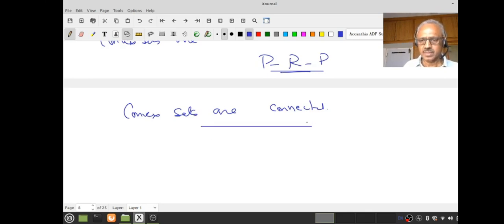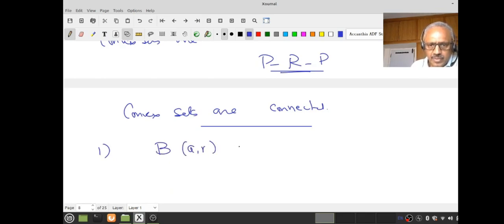Right, now let's look at the next thing. Two examples of convex sets. Suppose I start with B(a, r), maybe closed also, with respect to one of the norms.